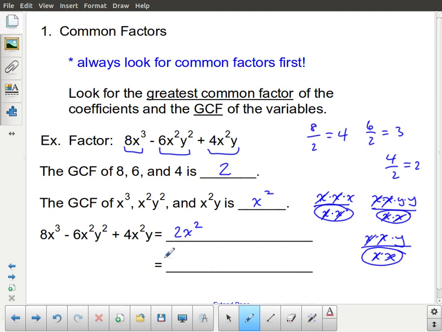And now that I've done that, what that really means, when we say divide out or factor out 2x squared, is I'm going to take my original expression, 8x cubed minus 6x squared y squared plus 4x squared y. Let's make myself a little bit of room here.